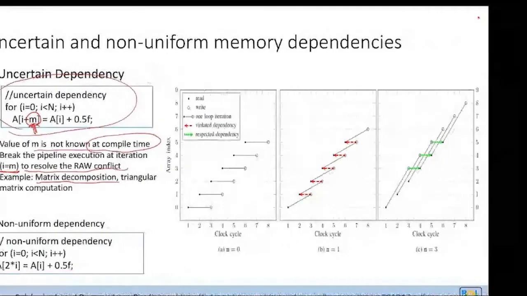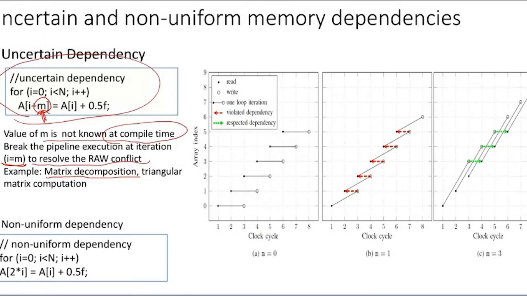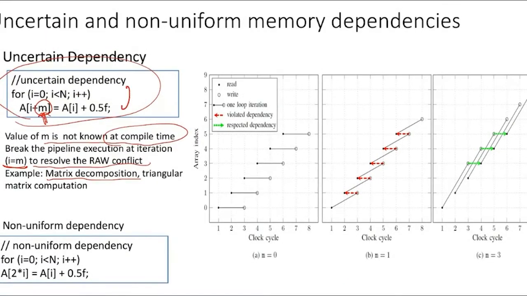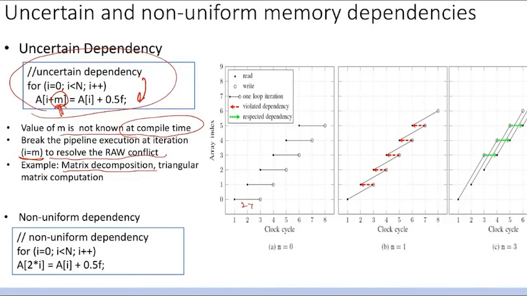Let's look at this example here. In this loop, the operation takes two cycles. If m equals 0, there's no dependency and no problem, so every cycle you can advance one array index.